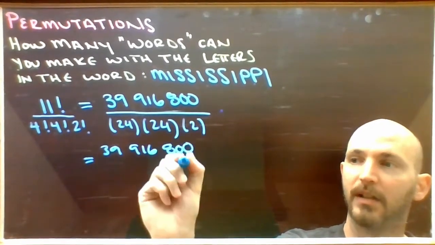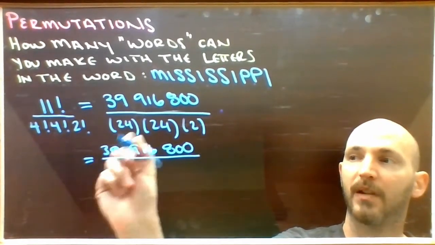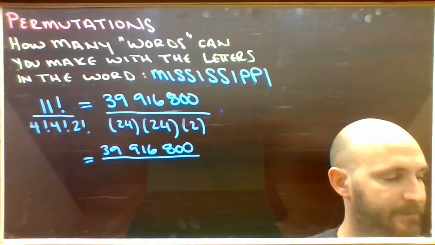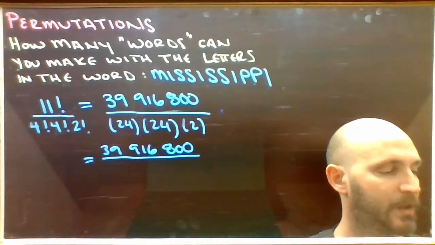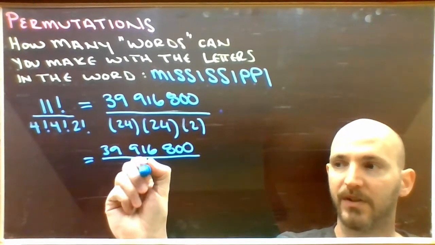So 24 times 24 is 576, times 2 is 1,152.